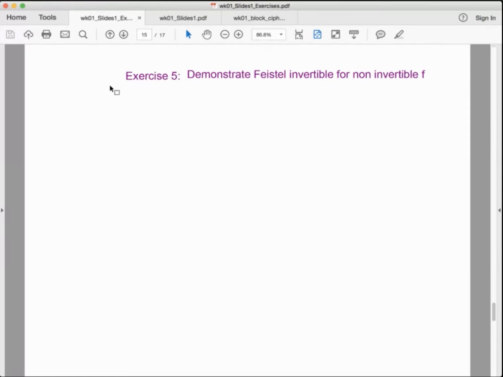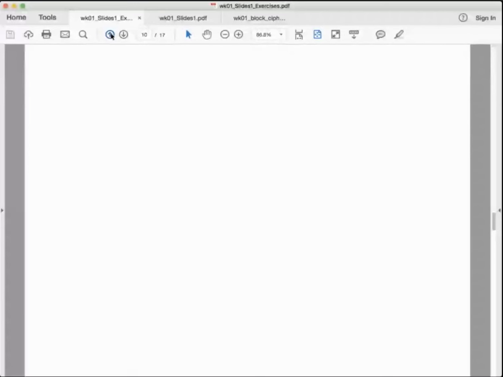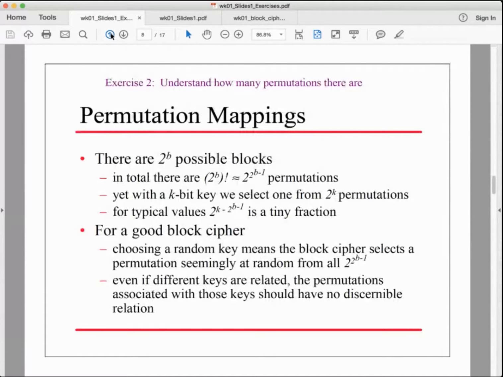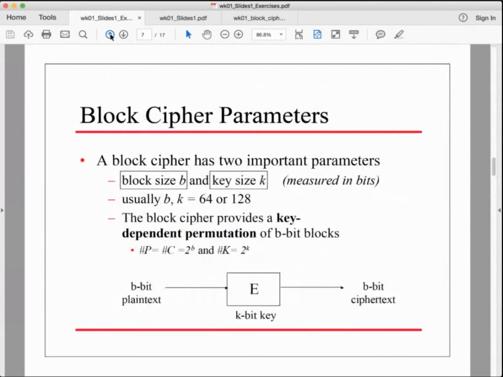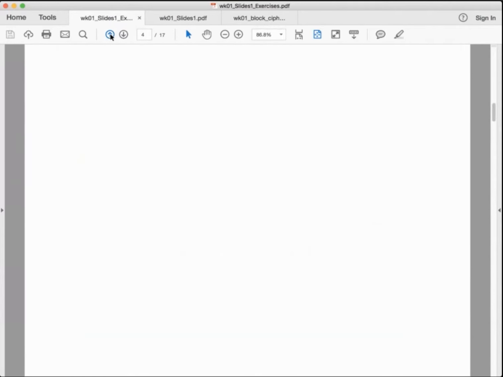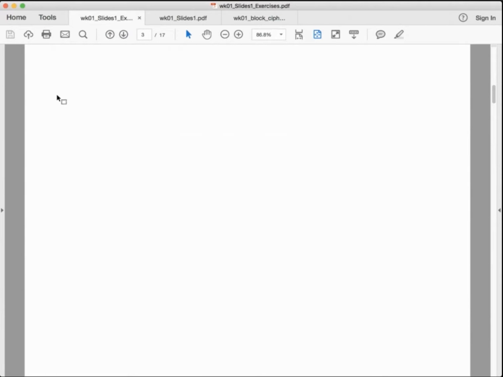So now I've actually prepared some blank pages so I can type, because the iPad just wasn't working. Okay, oops. Okay, the small cipher. All right, so I'll start here.